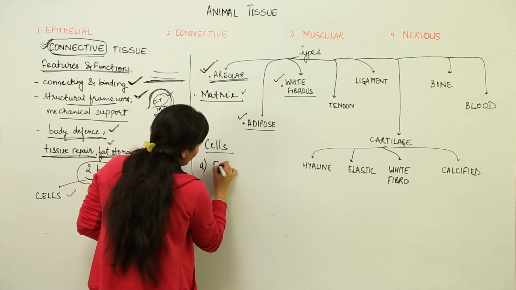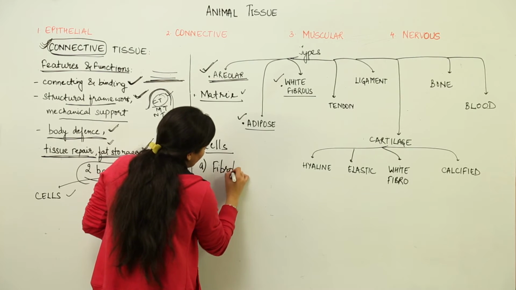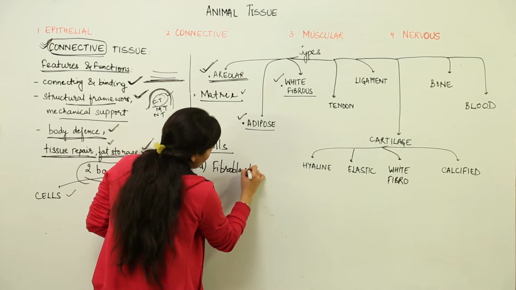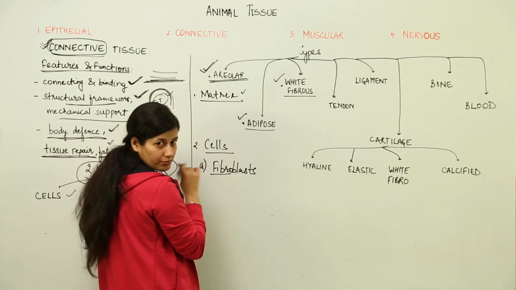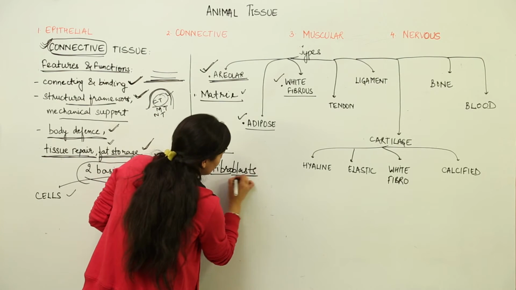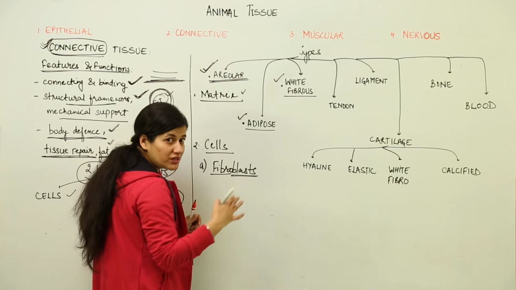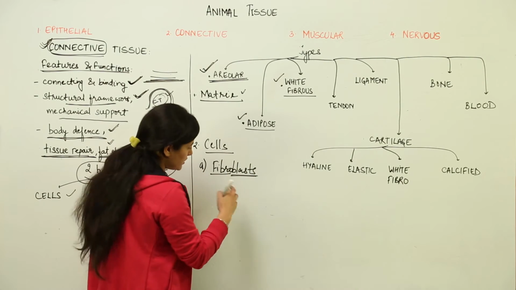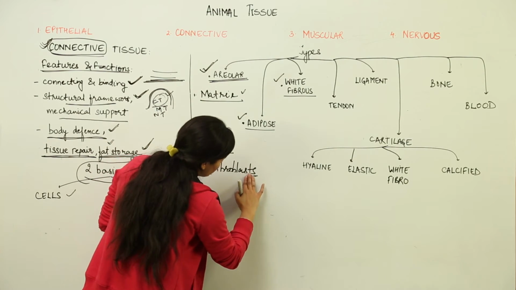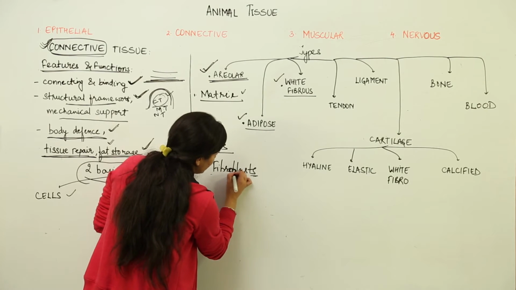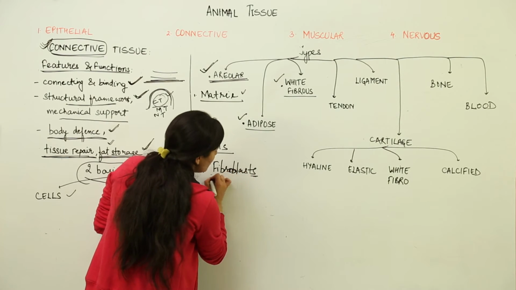First, we have fibroblasts. Fibro is something related to fibers. Blasts, you know, like blastocoel. This word blast is used when something is being generated. So when fibers are being generated by a particular type of cells, they are termed fibroblasts.